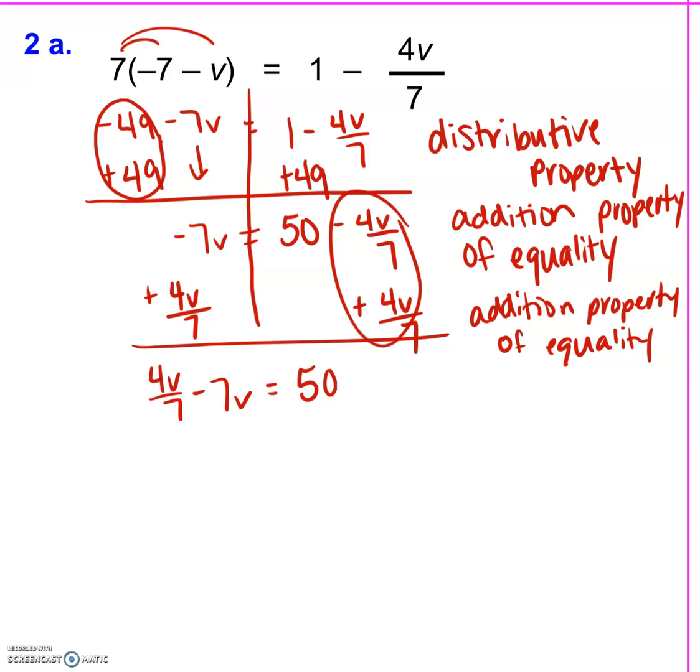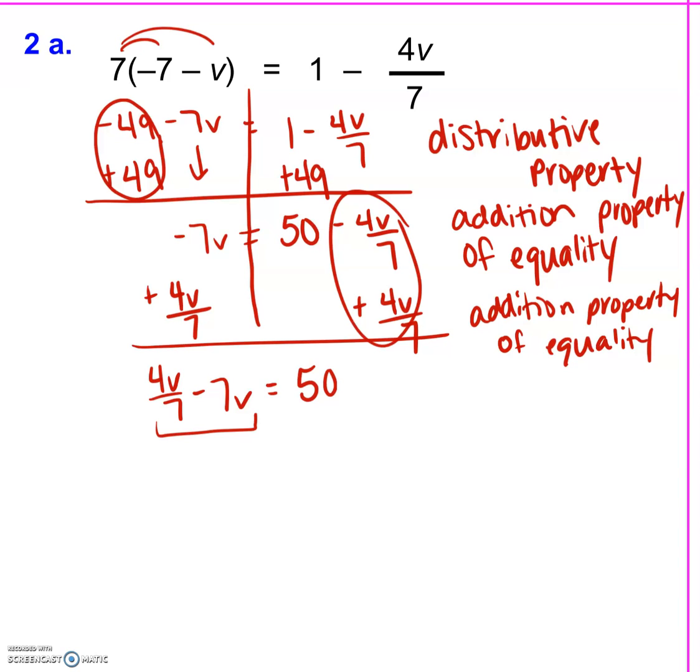So I survey this again, and I need to combine my like terms. And we've gone over combining like terms. Like terms are the same variable. So I need to combine 4v over 7 and 7v. So I'm going to have to convert 7v to a fraction with the denominator 7. When we add fractions, we have to have the same denominator.